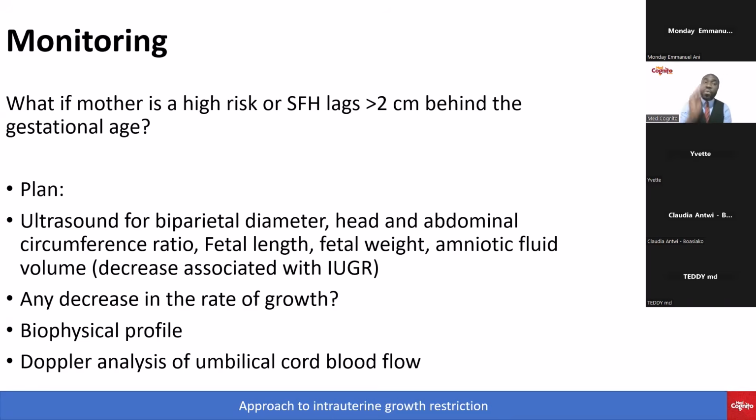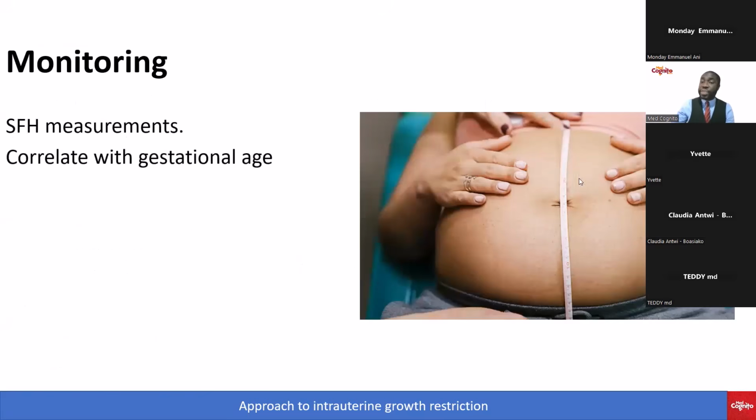So please, what are the monitoring modalities you want to do in a patient with IUGR? Number one, I'm going to monitor the symphysiofundal height regularly. This one, I'm going to keep monitoring it.